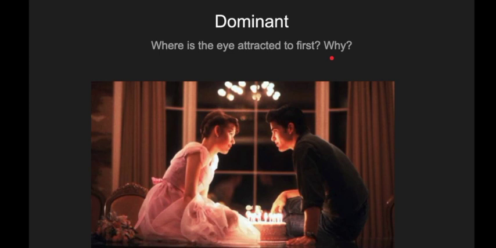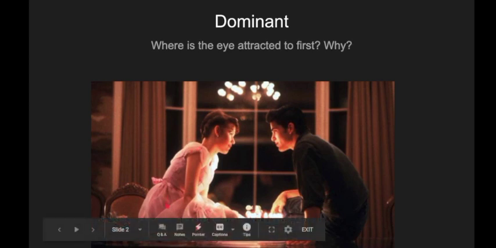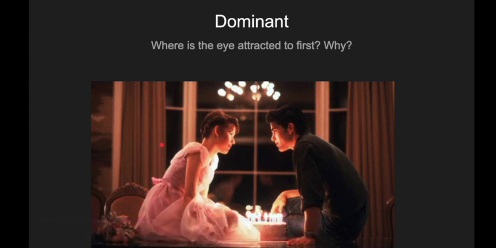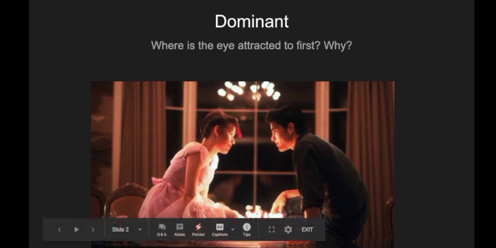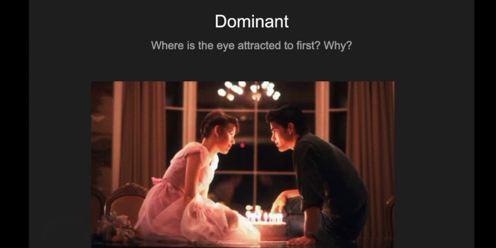When we look at this image, we see two characters, but I would say Sam stands out more than Ryan, no offense, because she's wearing a pink dress, and it is something light, and your eye is immediately attracted to it. I'm going to get into the reasoning behind this in color in another slide, but for now, I would say she is a more dominant figure in here because your eye is attracted to her.